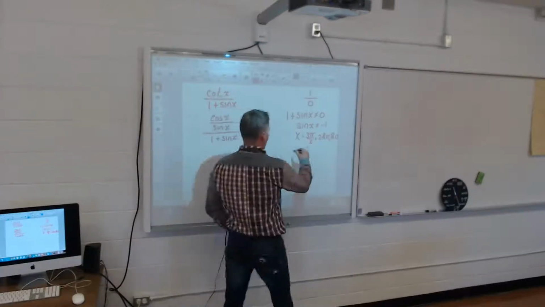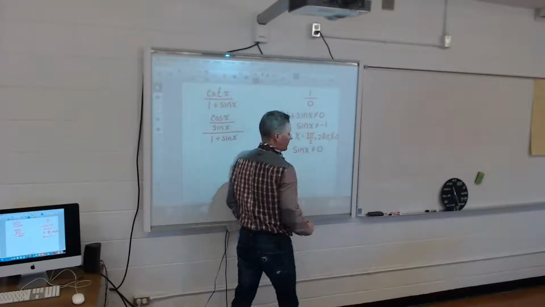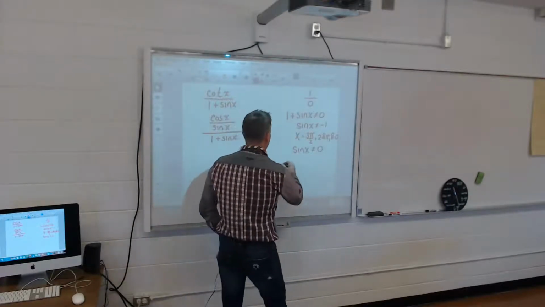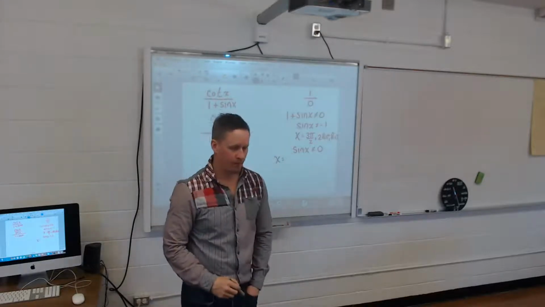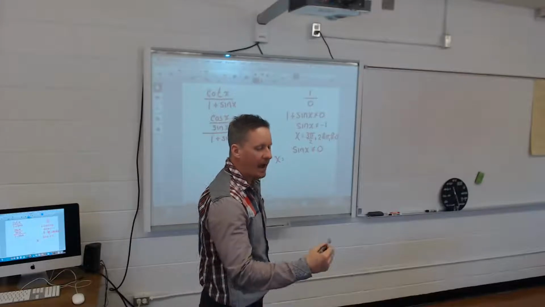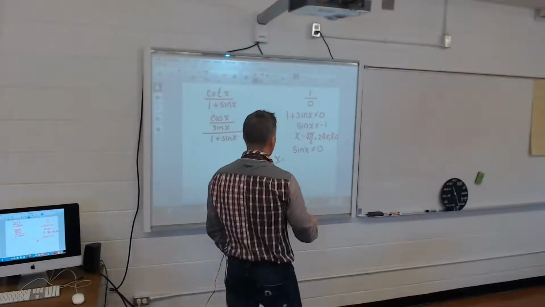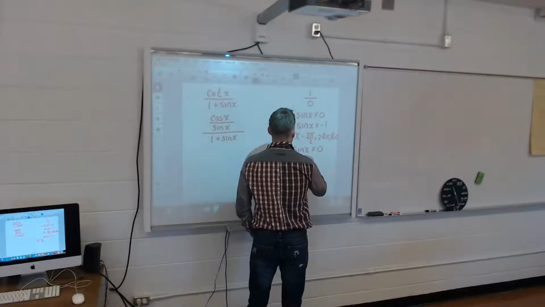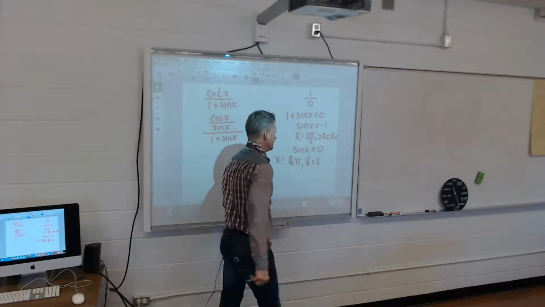So sine x also cannot equal 0. Where does sine equal 0 on your unit circle? Pi and 2 pi, and 0. So add all your pi values. I write that as k pi, where k is an integer.